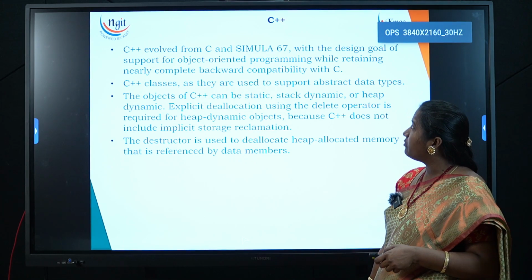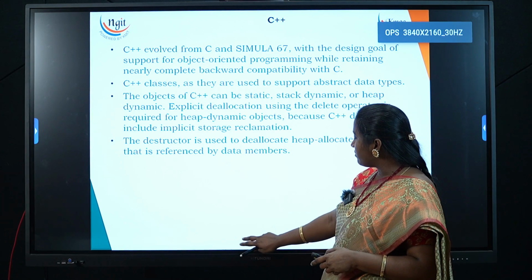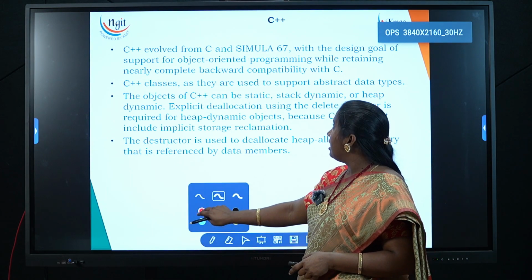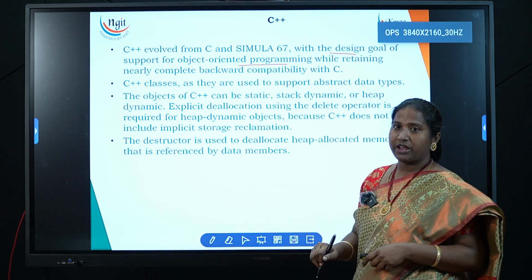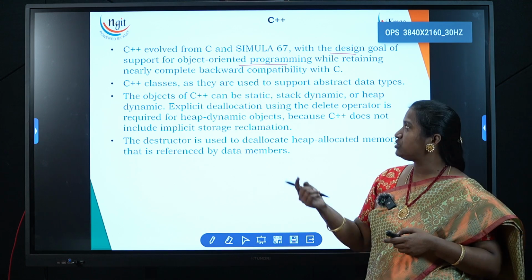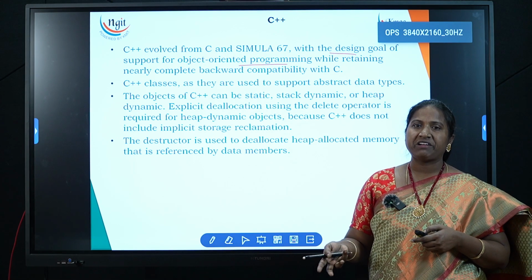Now let's understand C++. C++ evolved from C and Simula 67, with the design goal of support for object-oriented programming. Basically, C++ supports classes, which are used to support abstract data types.